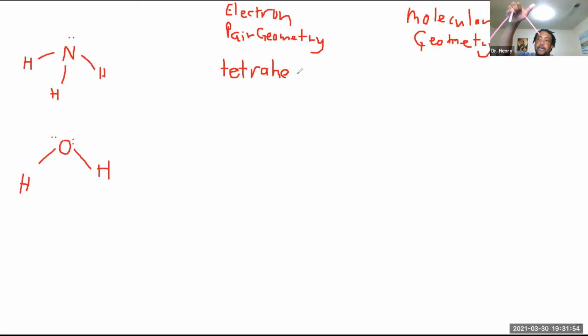I mean, not bipyramidal, trigonal pyramidal. Trigonal because there's three atoms attached, and pyramidal because it makes a pyramid.